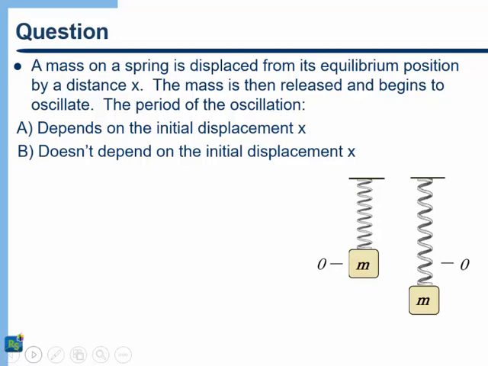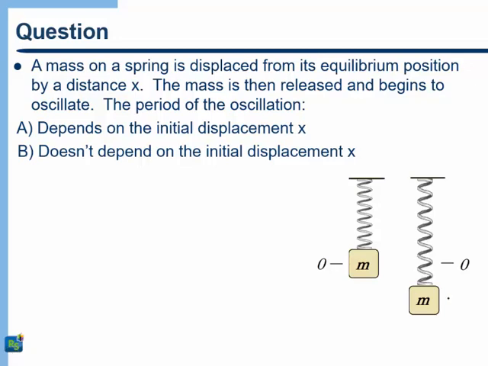Let's look at another question. A mass on a spring is displaced from its equilibrium position by a distance x, so same setup, and the mass is now released. Do you think the period of the oscillation depends on that initial displacement?